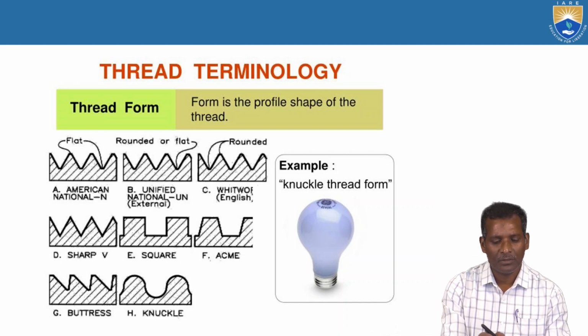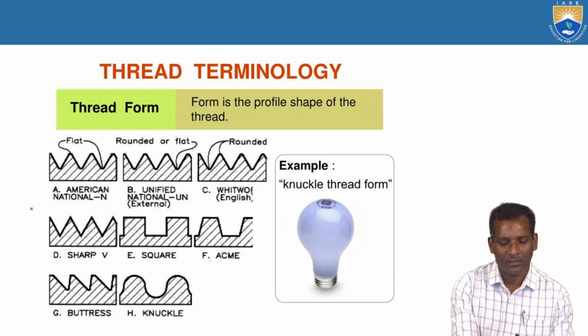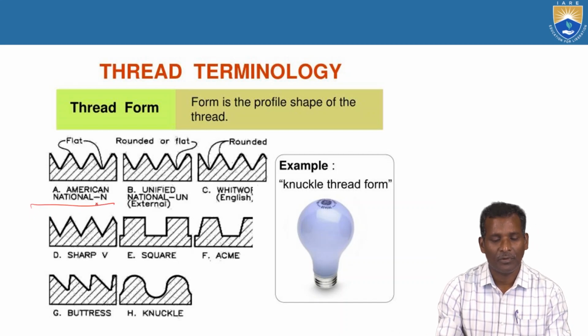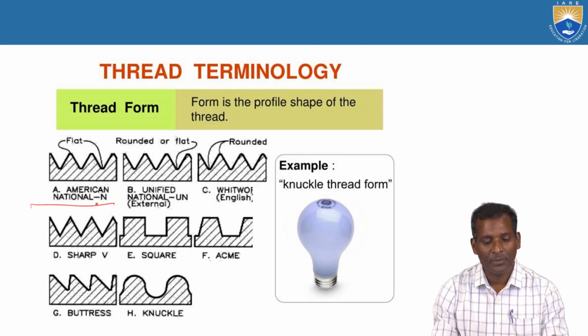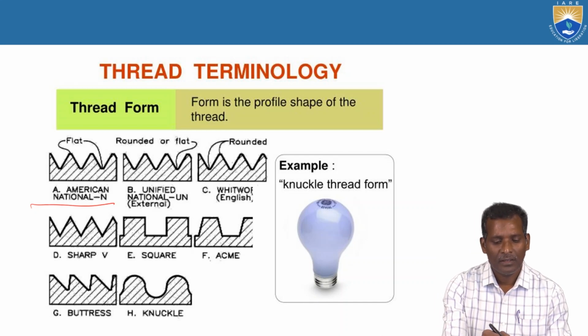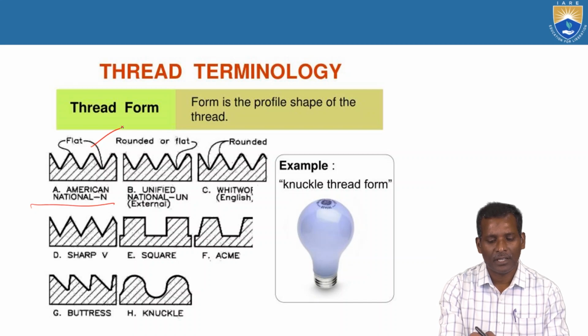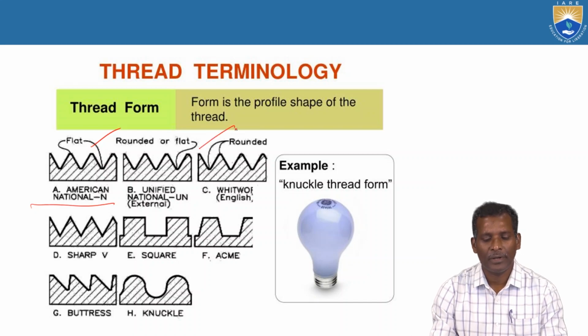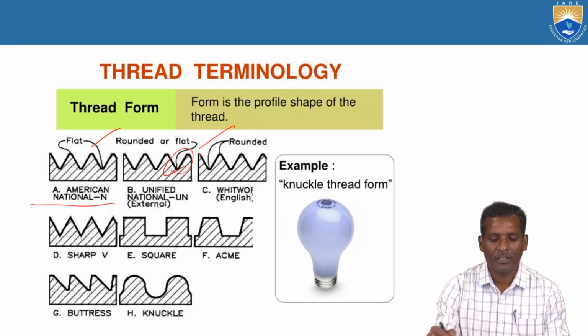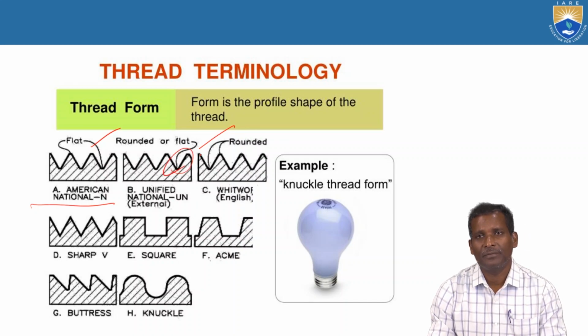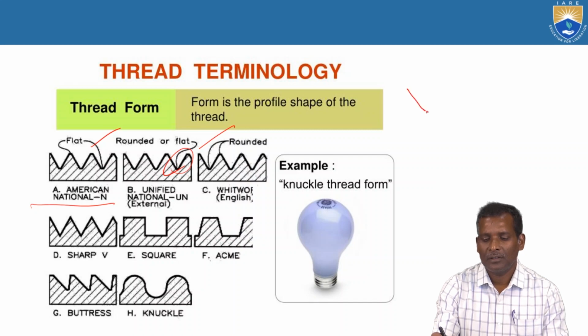So here some thread forms are shown. One is American National, and flat type threads are available, and rounded or flat. The shape of the thread is rounded. So like this.